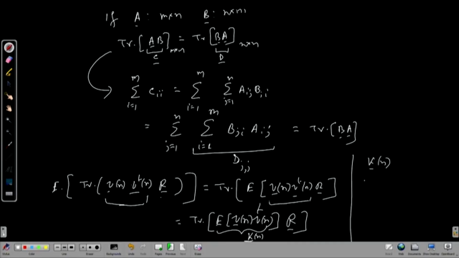K n is E of V n V transpose n. V n is called weight error vector. So, K n is the weight error correlation matrix. You can say autocorrelation or simply correlation, weight error correlation matrix. All right. So, this I take to the next page.